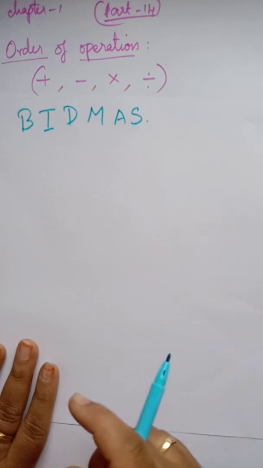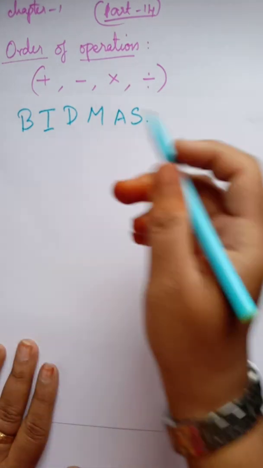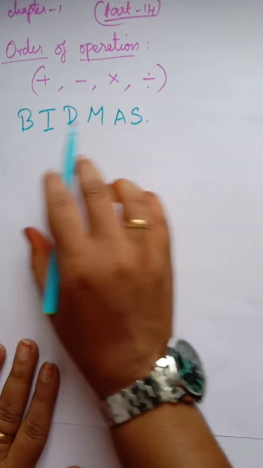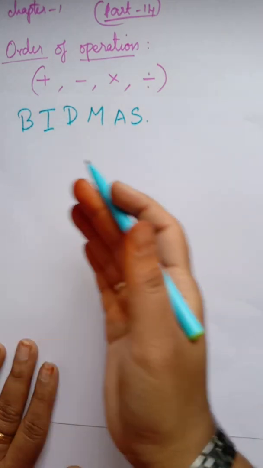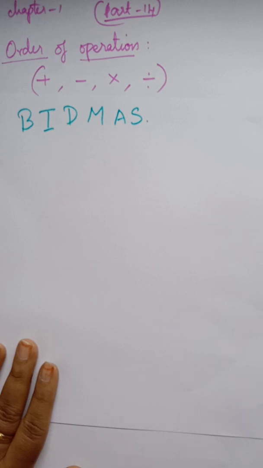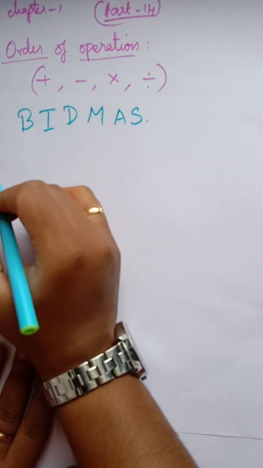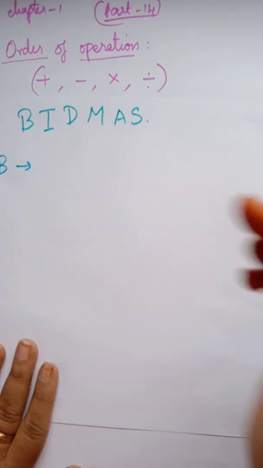Now B means what? This is based on the operations only. We are going to expand the following, give the expanded form of this, and see some simple examples below that. B means bracket.